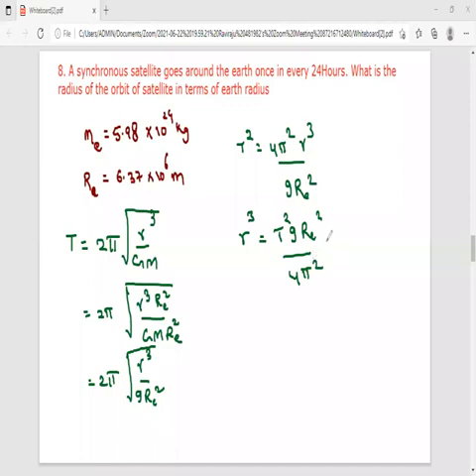By substituting all these values, T square, in the sense 24 hours is the time period, na? 24 into, for 1 hour, the number of seconds is 3600, whole square, into small g value can be taken 9.8. In terms of radius of Earth only you have to write, so no need to substitute there. Re square by 4 into pi square. Pi square is nearly equal to 10 only, no? So that it will be 40 only.